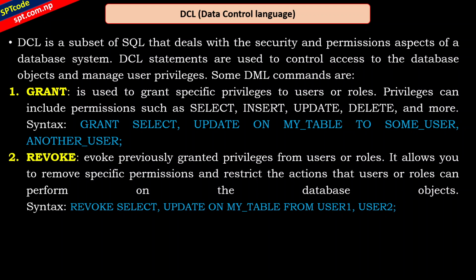DCL is normally used to grant access, or privilege permissions to other users for different commands, like inserting, updating or deleting. Revoke is the function to remove users or stop the privileges you have specified.